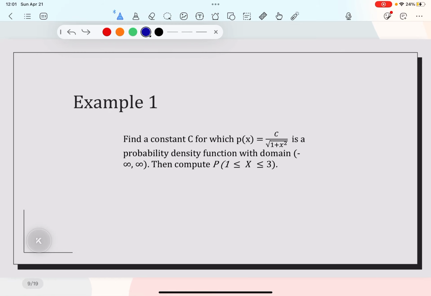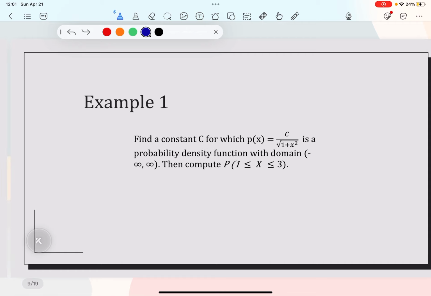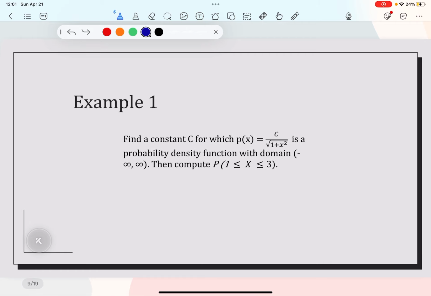So now that we know that, we can apply that to this example that I have written out here. So this is just going off of things that we were talking about earlier. So we're basically plugging this into an integral and then plugging in the bounds 1 to 3.